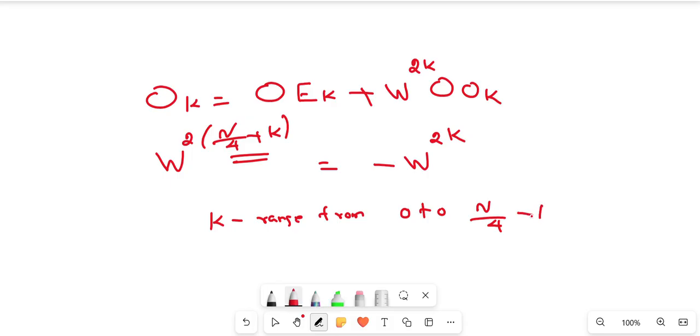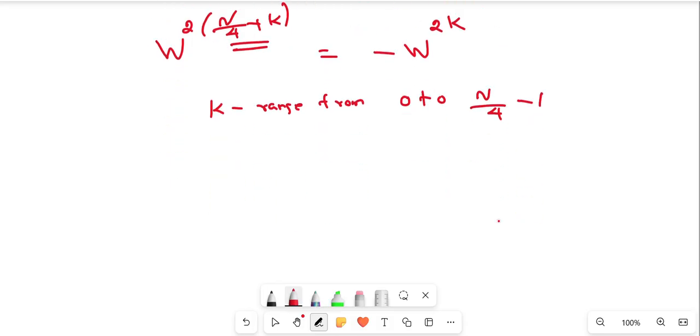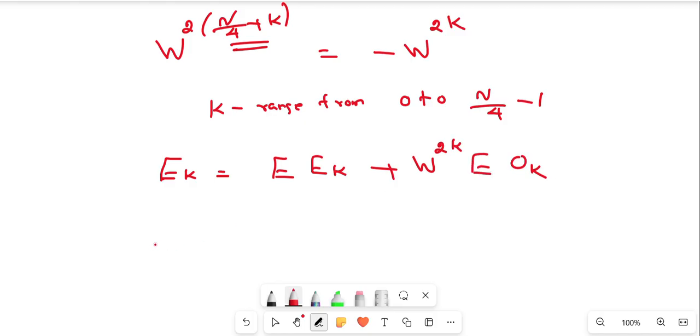So now this can be written in two parts. So now E k is equal to even of even plus W power 2k into even of odd function. The second one, the k value varies, n by 4 plus k can be written as even of even minus W power 2k into even of odd function.